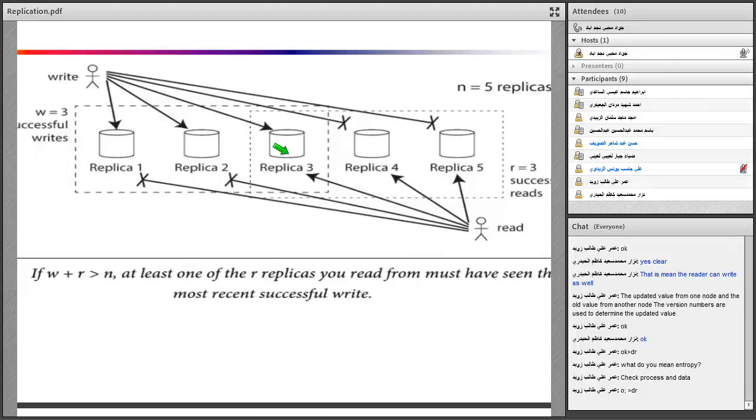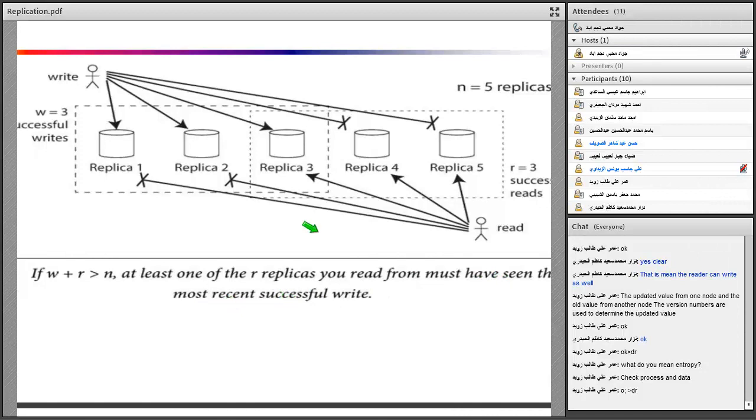The rule is: if W plus R, the successful write plus the successful read, is more than the number of replicas, then at least one of the R replicas you read from must have seen the most recent successful write.